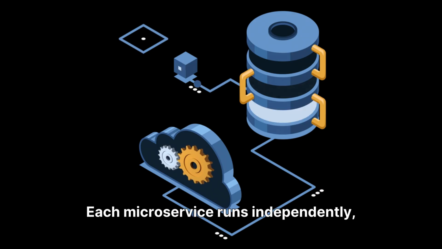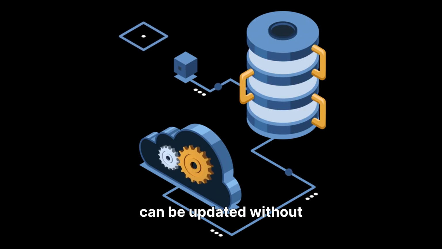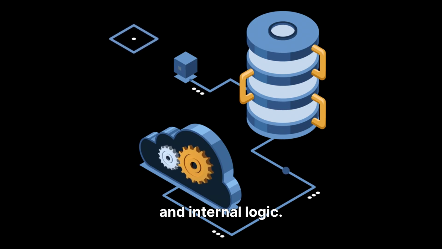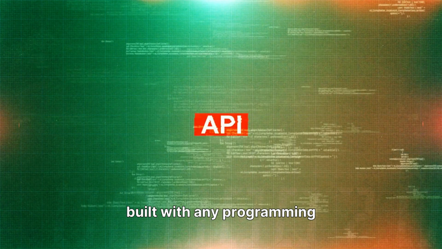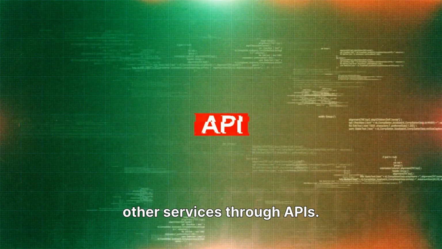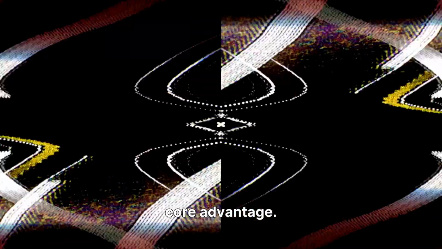Each microservice runs independently, can be updated without touching others, and uses its own code, database, and internal logic. It can even be built with any programming language and communicates with other services through APIs. This independence is the core advantage.